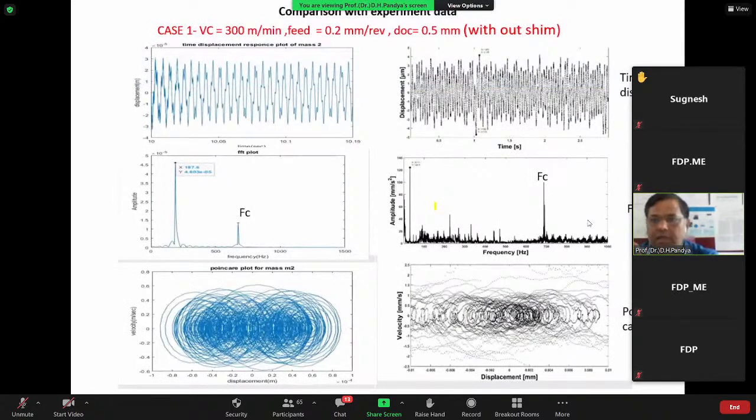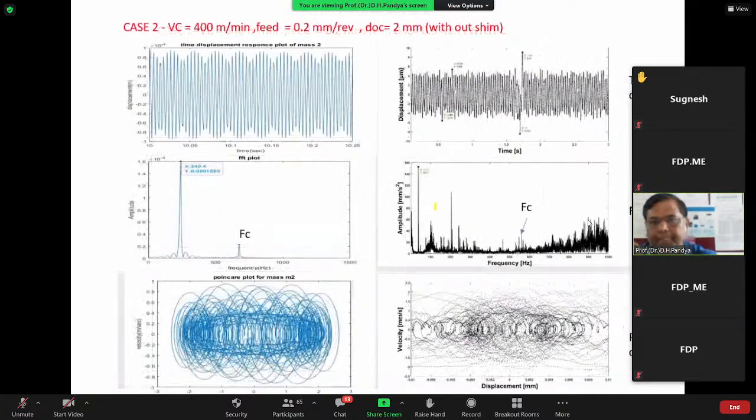Now this is the comparison of theoretical, simulated, and experimental work, clearly indicated over here, the mathematical and experimental work. In the first case, at 300, it matches very well. Then at FC, this is the diagram for without shim. What do you observe?